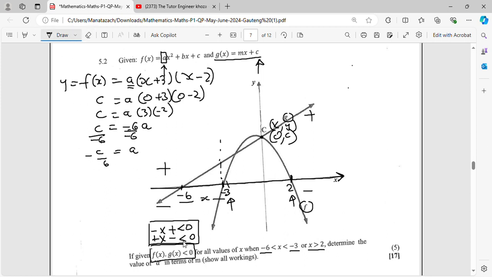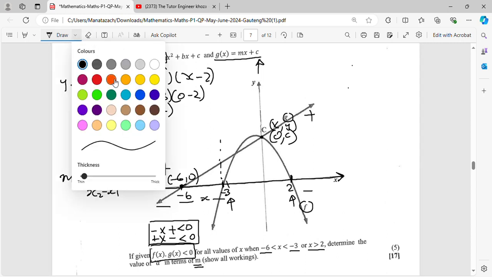Remember the question said you must write a in terms of m, so we are not done. Now let's have a look at something else. We have not used -6, you will notice. So we're going to use this point and point C to find the gradient of the straight line. You remember that the gradient m is equal to y2 minus y1 divided by x2 minus x1.